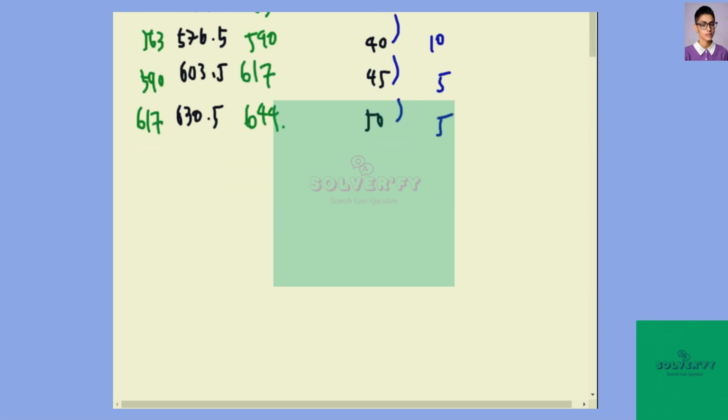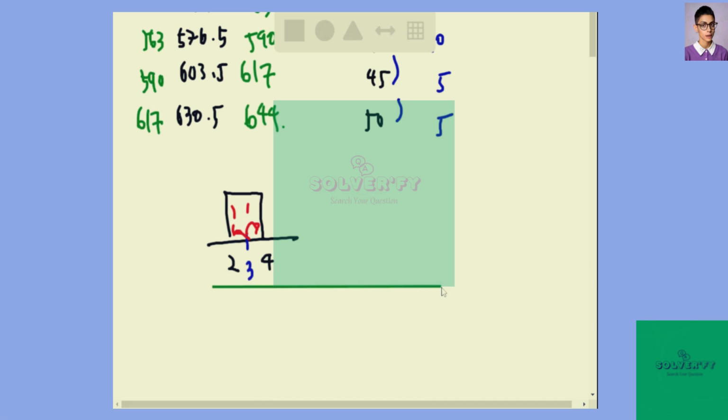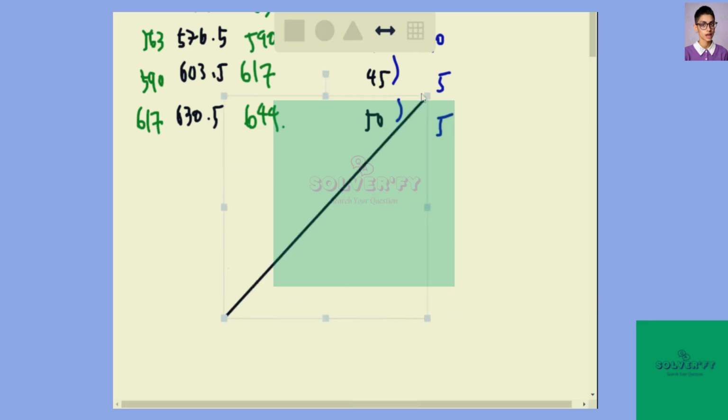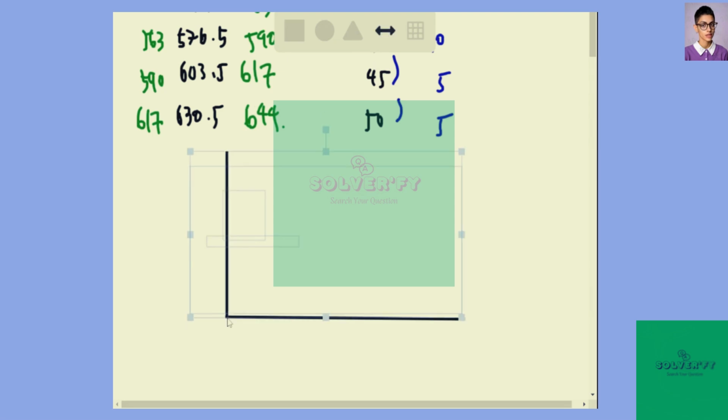Okay, so here, and the vertical line. Just going to draw it, black pen, the vertical axis.